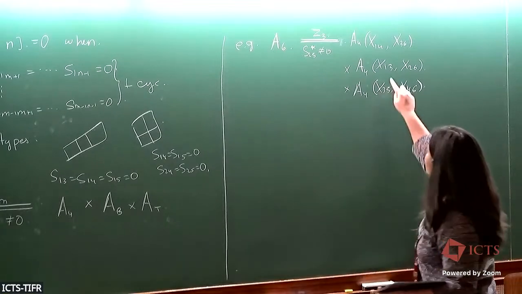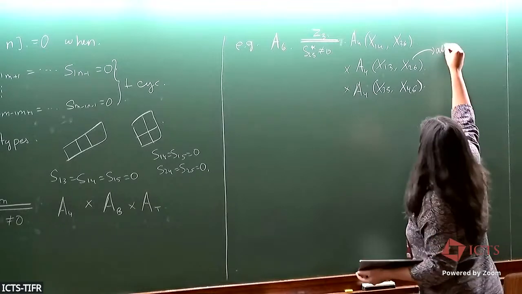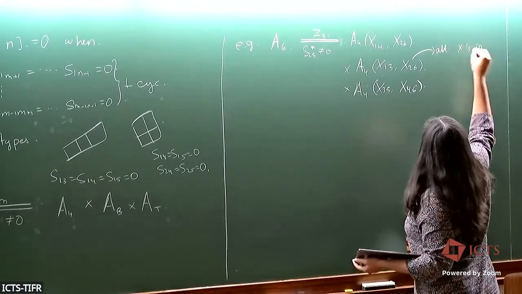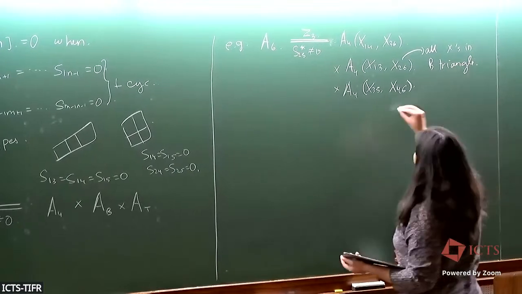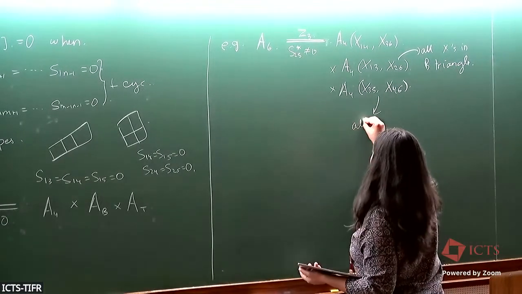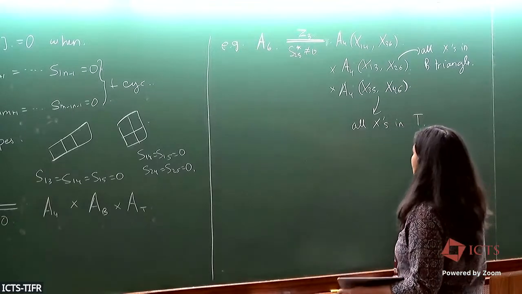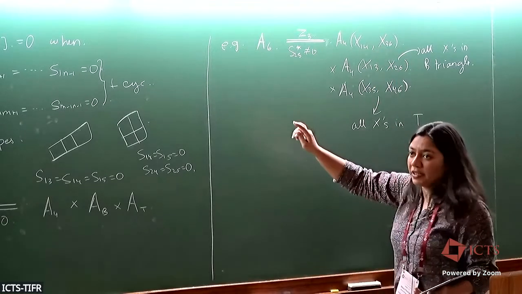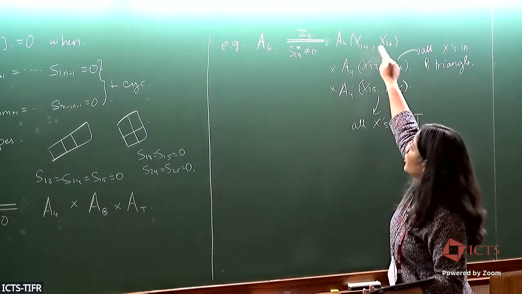Okay. So here, if I wanted to generalize this, this would be all x's in the bottom triangle. This would be all x's in the top triangle. And this would remain a 4-point amplitude, no matter what, which is where these two border the 0.